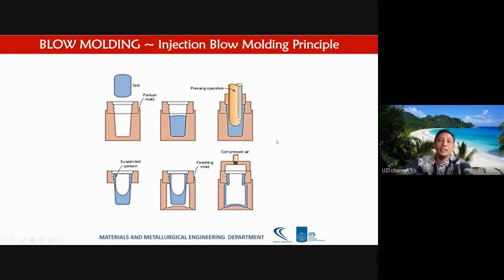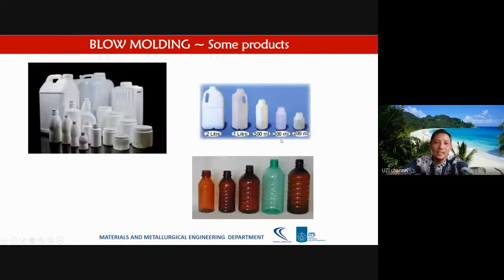This is the injection blow molding. This is the product and some products.